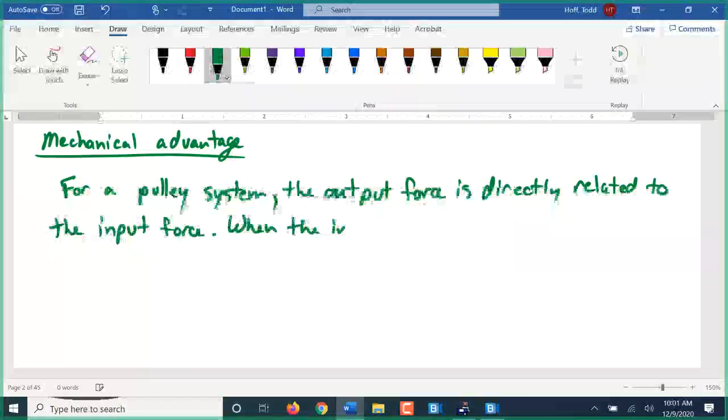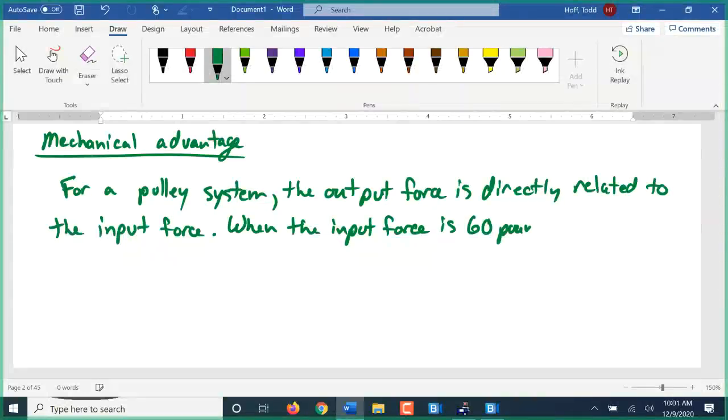When the input force is 60 pounds, the output force is 200 pounds.